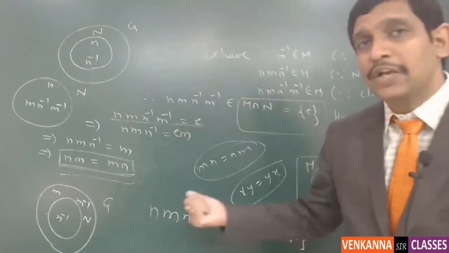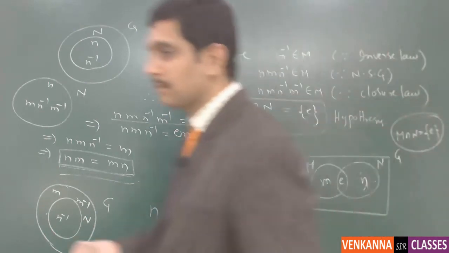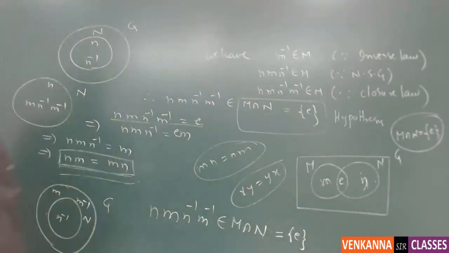They are satisfying the commutative property with the other sets. That's it. Any more questions on this problem? Please let me know.